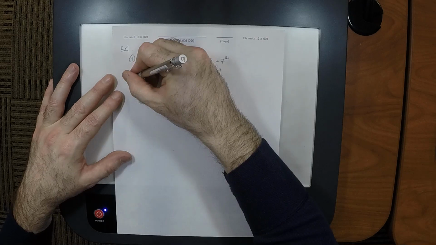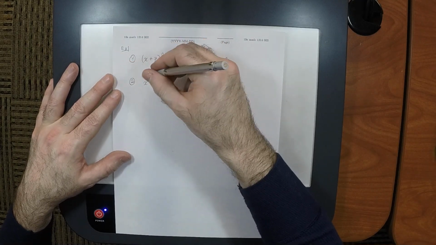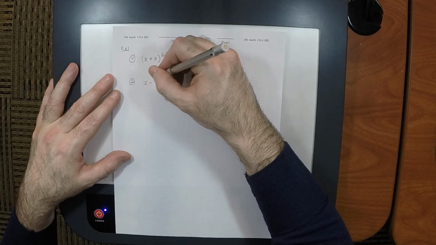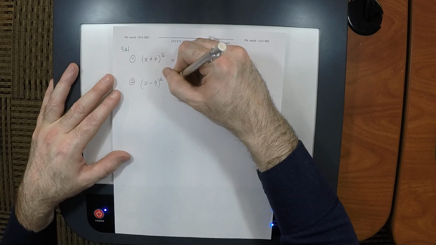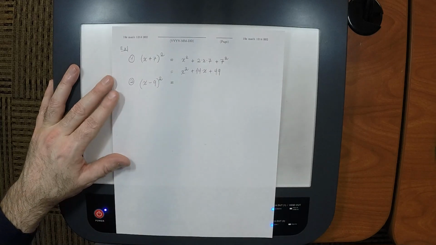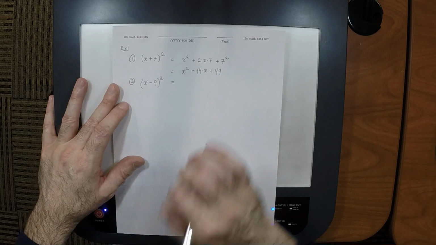All right. So what I mean to say is that if you were given this one, say x minus 9 squared like that, it'd be totally normal for you to just more or less in one line write the answer. Just so, would you please?